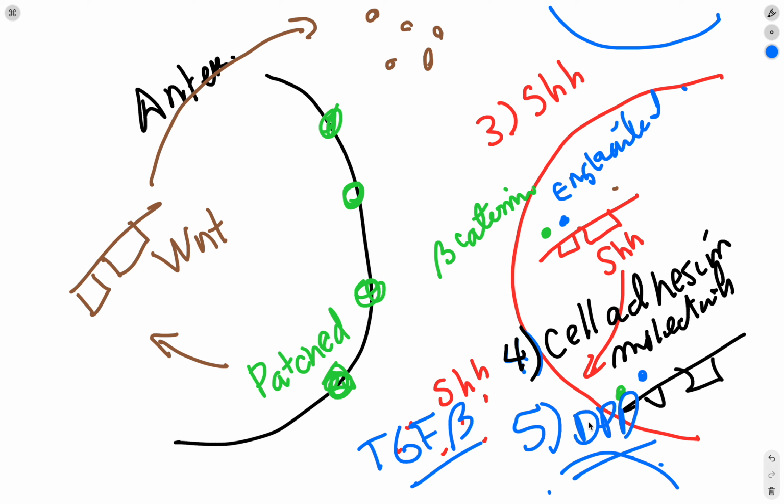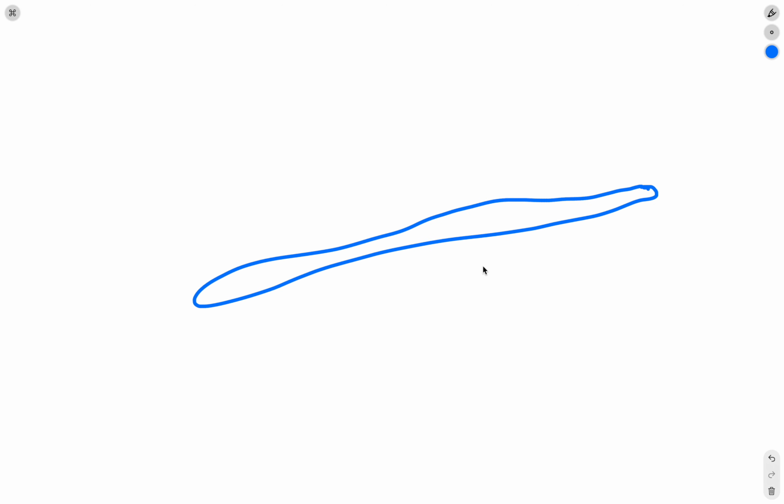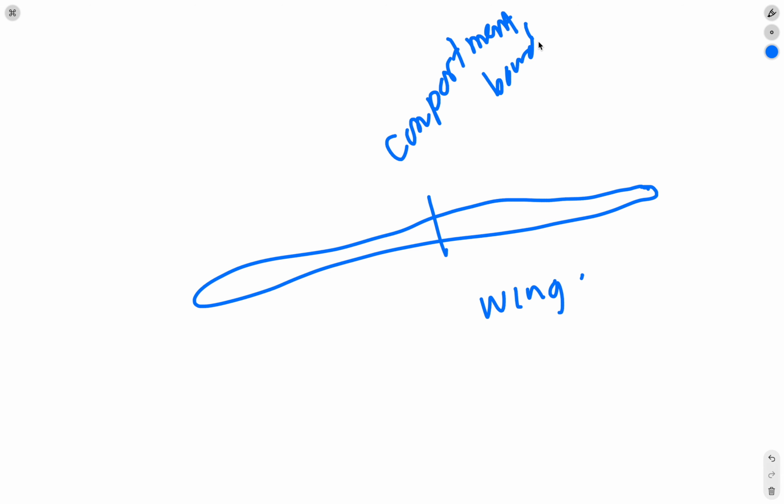And I'm going to just draw, and you can't get this on your figure, but it will help you understand how this system works. So let's just say that's the edge of a wing, just to see something you can physically imagine. So this could be the compartment boundary, and we have the anterior and posterior compartment.